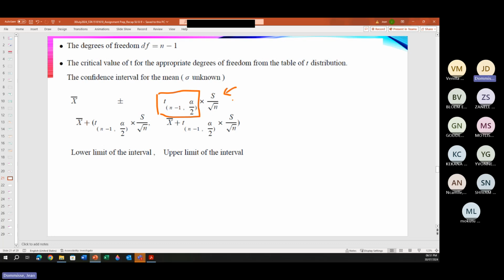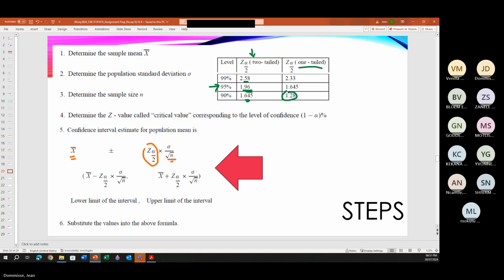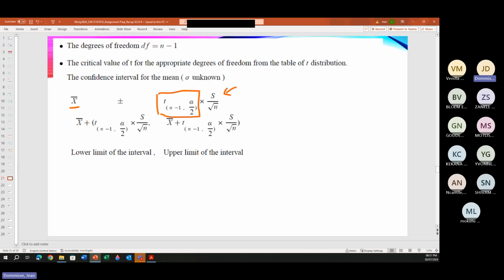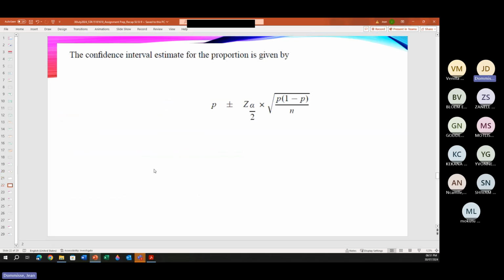That is when we have the mean with a confidence interval. So it's the Z with a standard error or the T with a standard error, and for the proportion, always the Z.